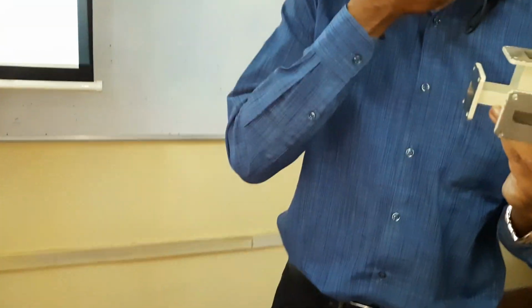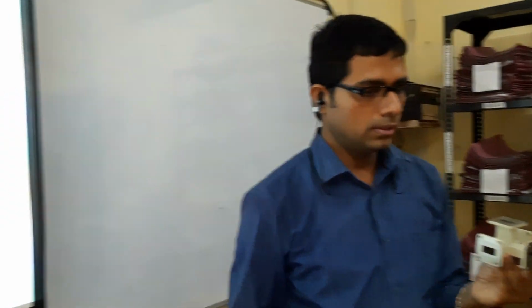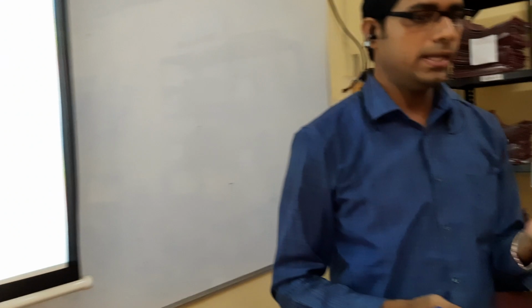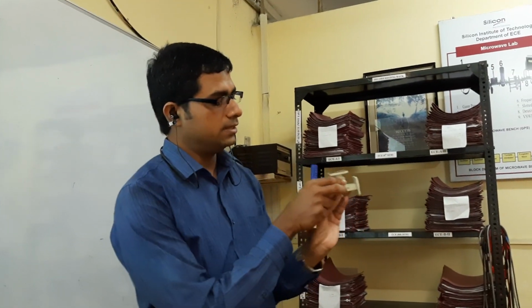So in the experiment, we will measure the coupling as well as isolation. So how to measure the coupling? How to measure the isolation? This is the magic T, right?